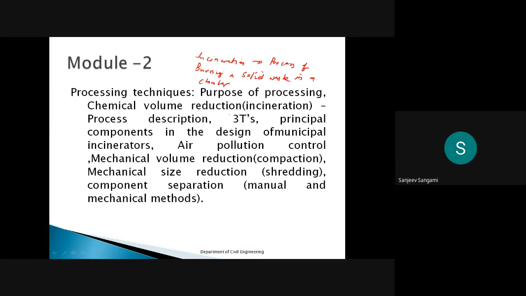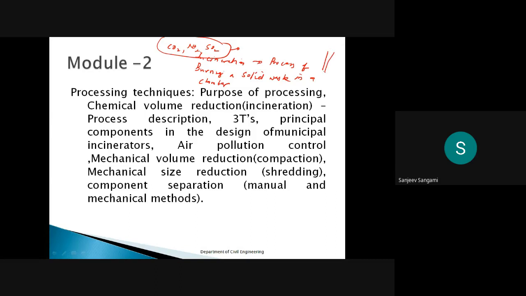During this, normally CO2, carbon dioxide, some nitrogen dioxide, and SO2 are going to be released, and you're not supposed to release them as they are. If there is a chimney, all these gases after burning will pass through the chimney only.